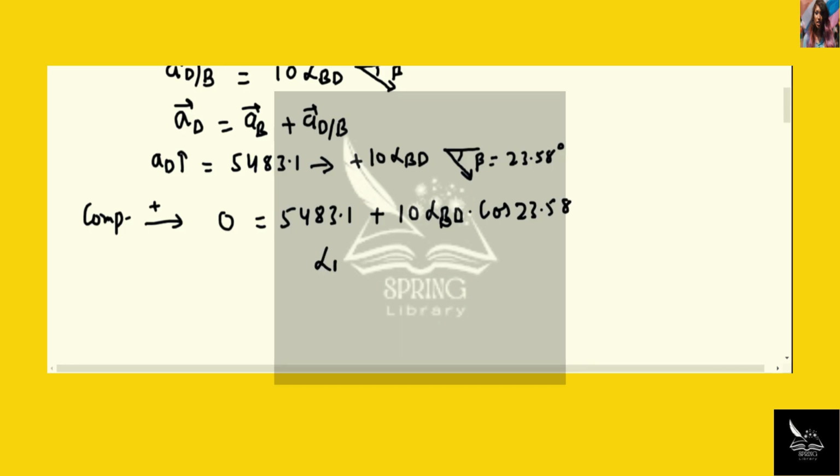So alpha BD you will get negative of 598.26 radian per second square.